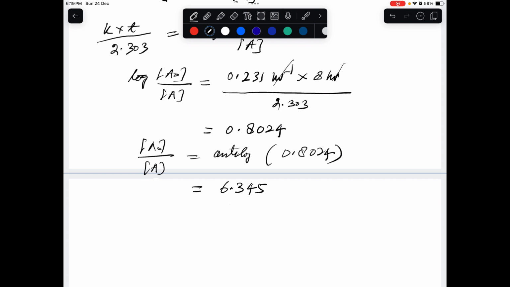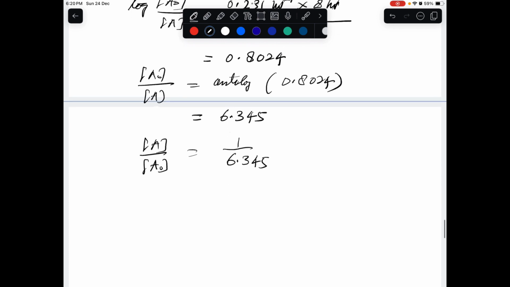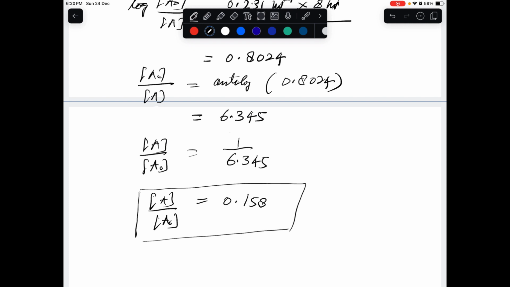So A upon A naught will be equal to 1 by 6.345. This is equal to 0.158, and this is the value of the fraction of sucrose. Okay, so this is your answer. This is the fraction of sucrose after 8 hours.